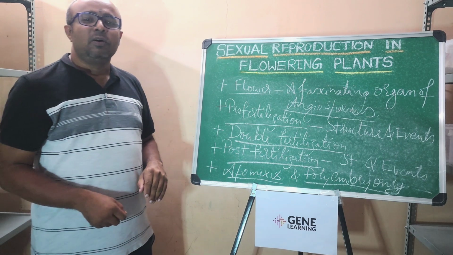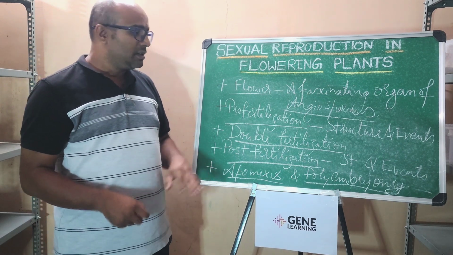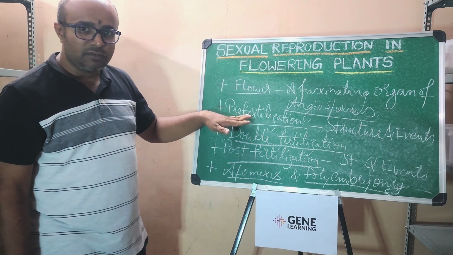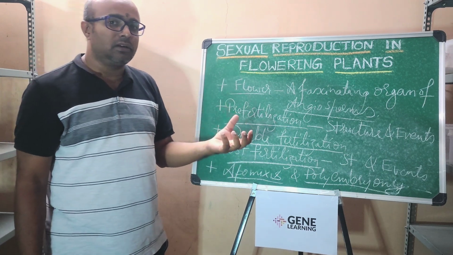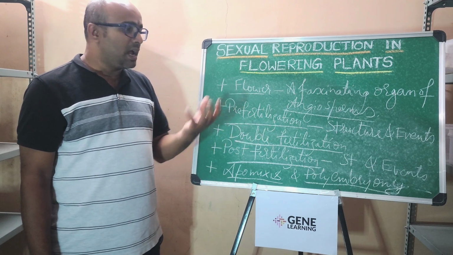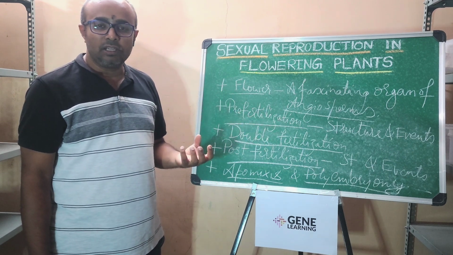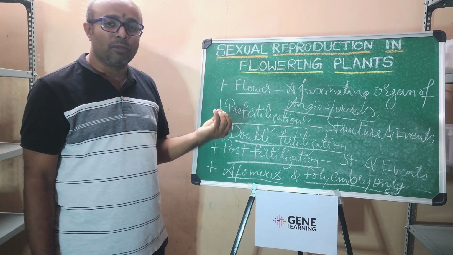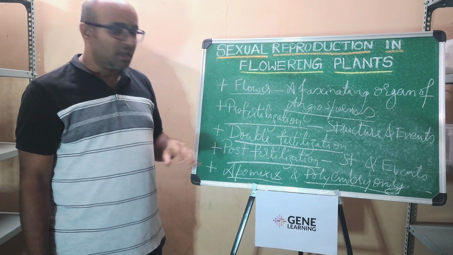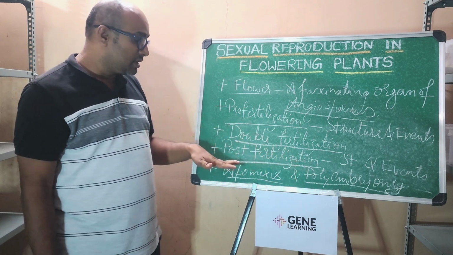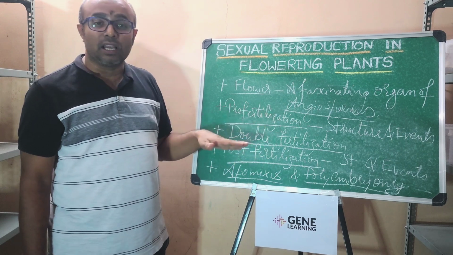Then post fertilization events. Now, look at this. In pre-fertilization events, we know that specialized structures have to be formed, and from them you need specialized cells such as gametes to be formed for fertilization. Now, post fertilization, what happens after the double fertilization?